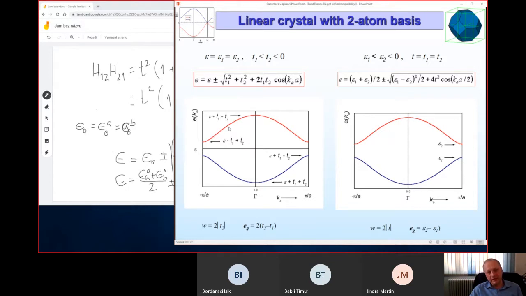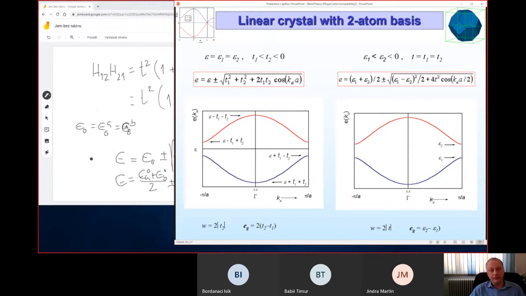And this case results in opening of a band gap between the valence band and the conduction band. So this distortion, or forming a supercell due to cooperative atomic displacement, results in opening of a band gap. And if we have 1/2 of electrons, it means that this band is completely filled and this one is empty. So we obtain an insulator or semiconductor.